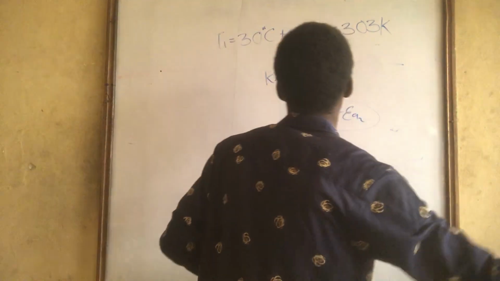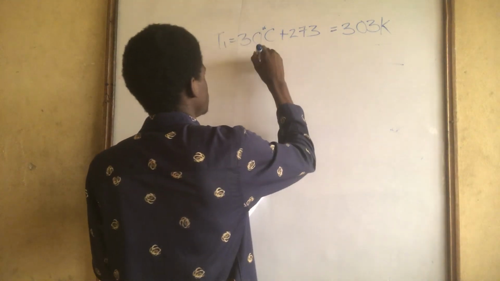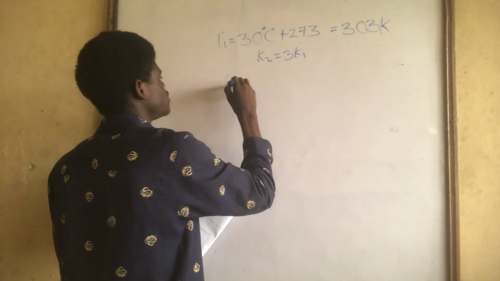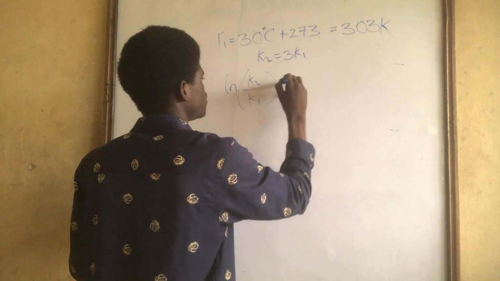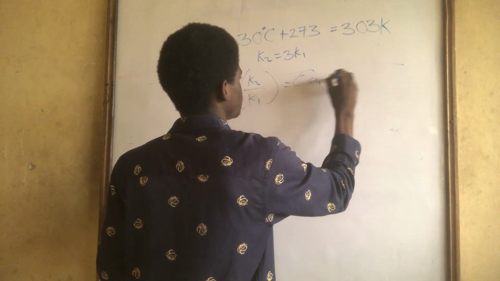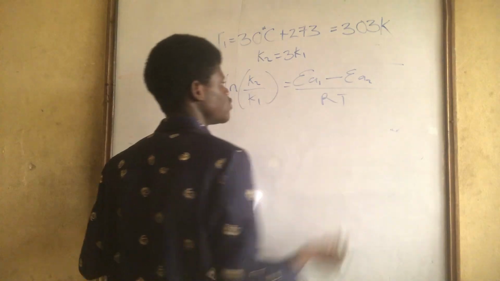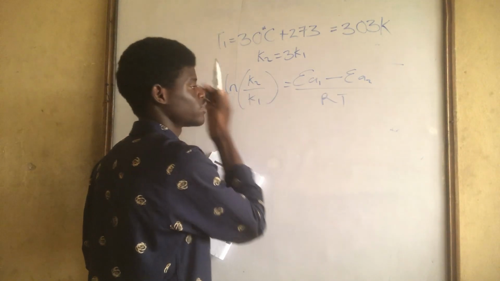So let's write our formula down. Let's say K2 is equal to 3K1. So our formula is ln K2 over K1 is equal to EA1 minus EA2 over RT. Don't forget that this is EA1 minus EA2, but this is K2 over K1.